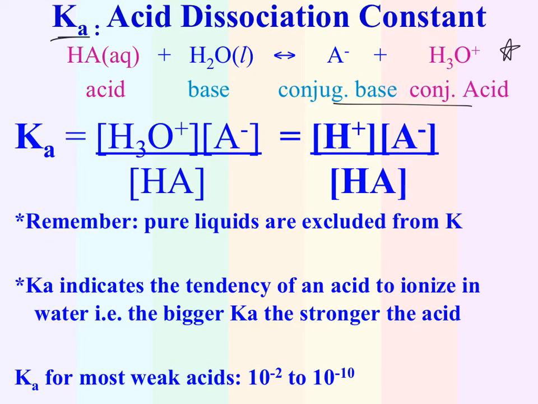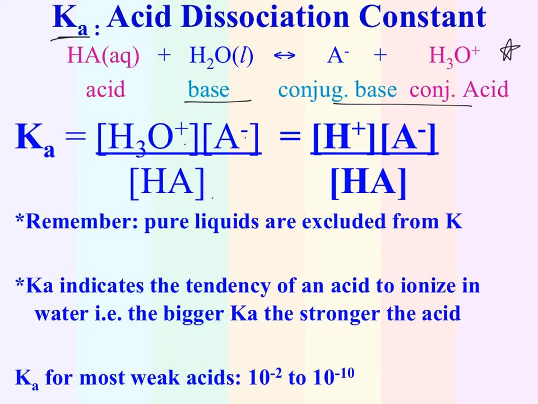In this case, my conjugate acid and conjugate base are my products, and those are going to be divided by the concentration of my acid. Notice they all have coefficients of 1, so the exponents associated with each of these are all 1. Also remember that pure liquids and solids are excluded from K, so in this case, notice H2O has not been included because it's a pure liquid.